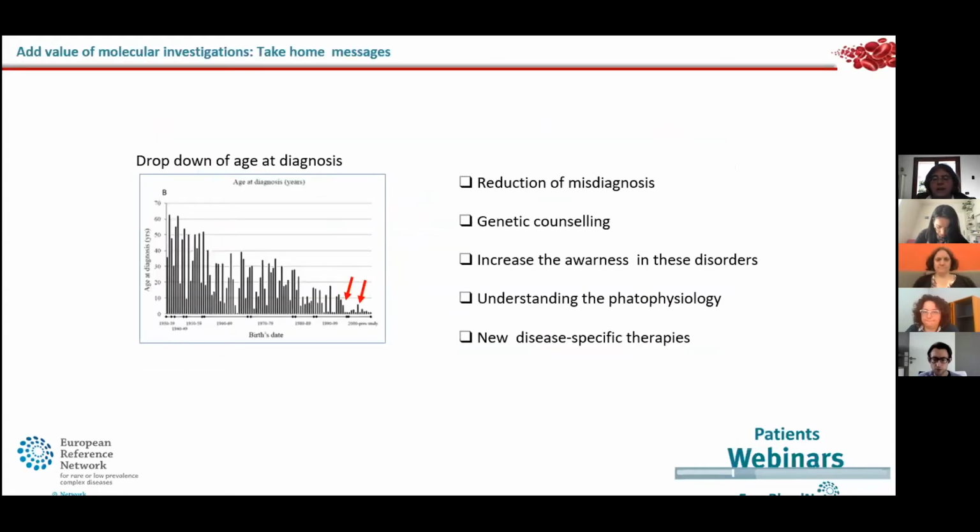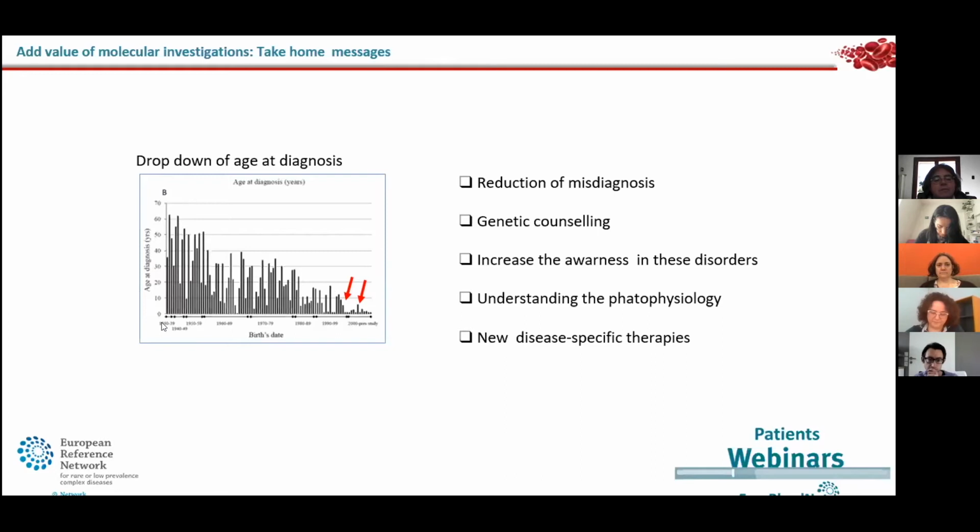So this is my last slide, just to say what the added values of molecular investigation are. First, we don't need invasive techniques and invasive investigation such as, for example, bone marrow. The introduction of molecular testing, look here, dropped the age at diagnosis.